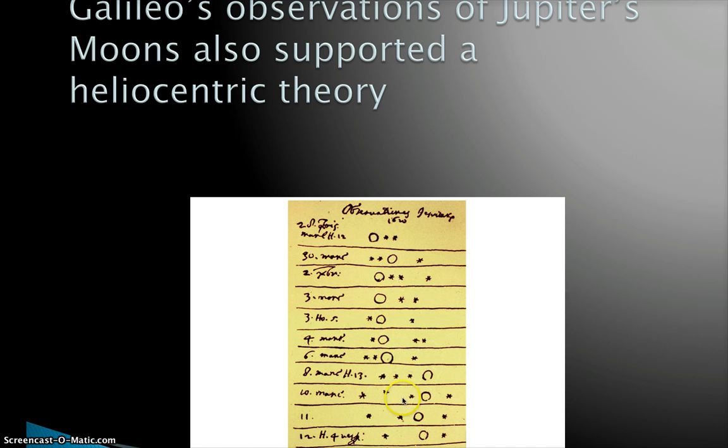Galileo, with his famous telescope, was actually able to observe a very similar phenomenon with Jupiter. He was able to see that Jupiter had 4 large moons that orbited around it. This picture is showing Jupiter and the different moons and where the locations were. By observing this, we could say, well, Jupiter keeps its moons, and we know that Jupiter's moving.